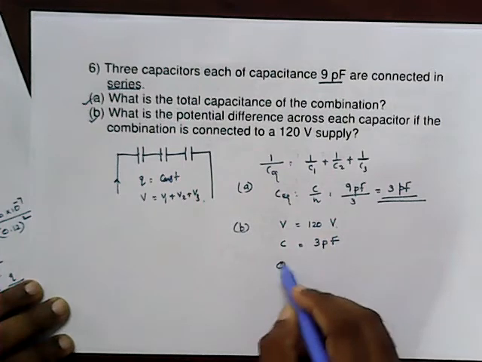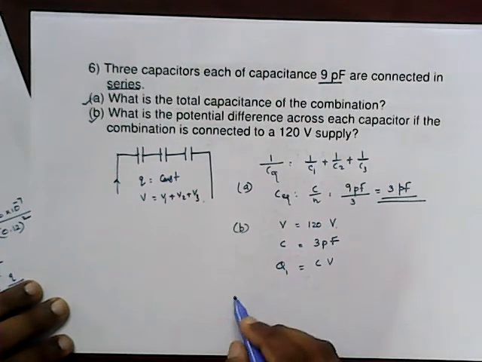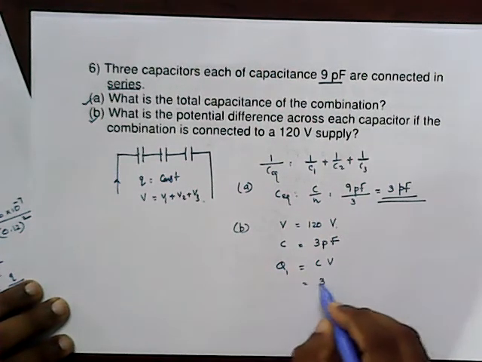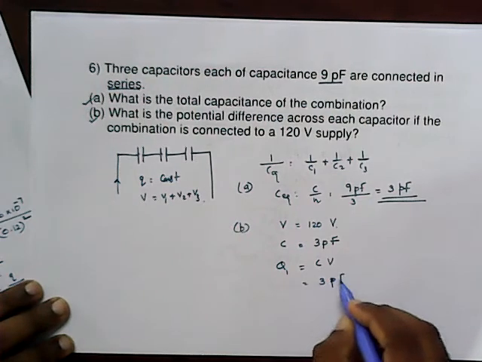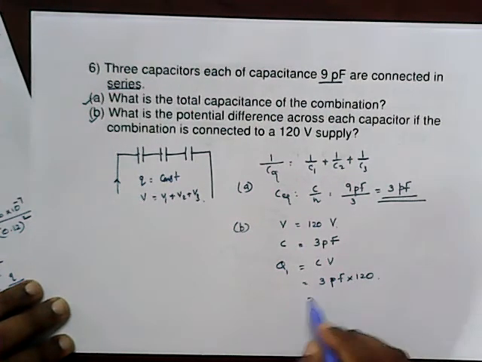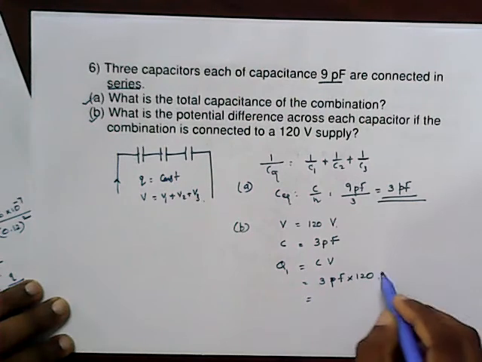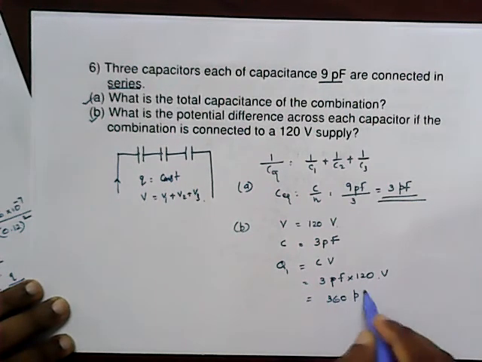So we can find the charge through Q is equal to C into V. So the charge is 3 pF into the potential 120. You get the value as 360 picocoulomb.